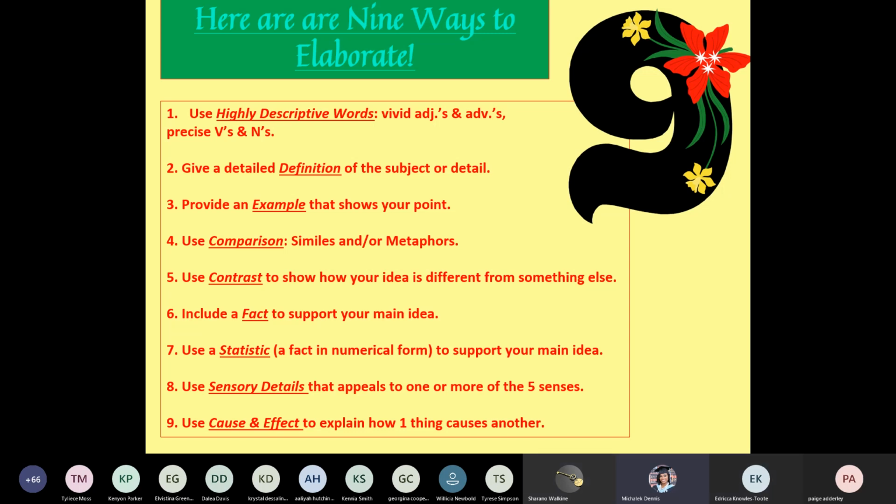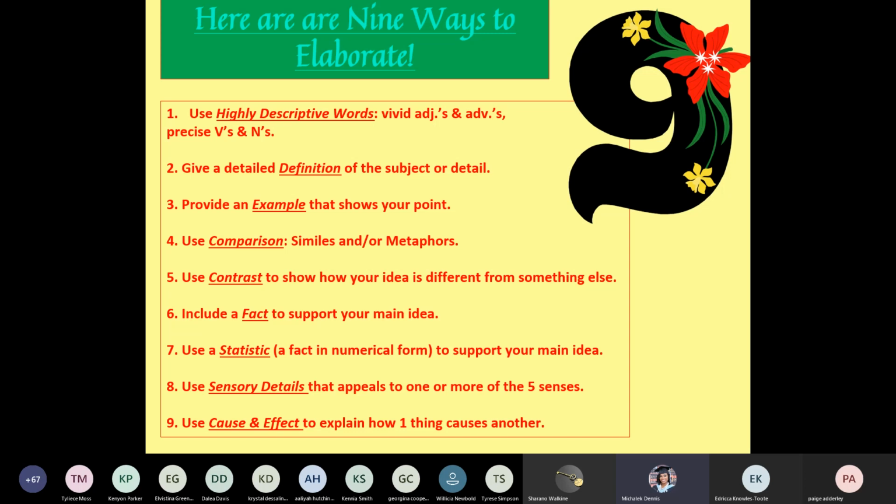So we have 1, use highly descriptive words, vivid adjectives, and precise verbs and nouns. So, for example, if I was to ask you, okay, I need you to give me a vivid adjective or precise verb or noun, and you said, okay, a vampire.